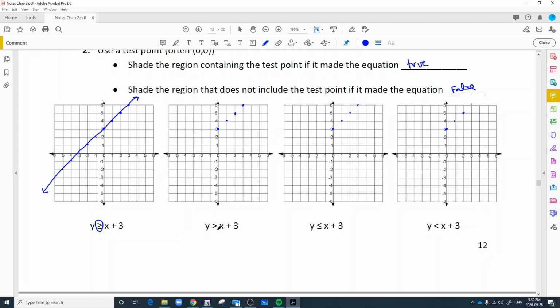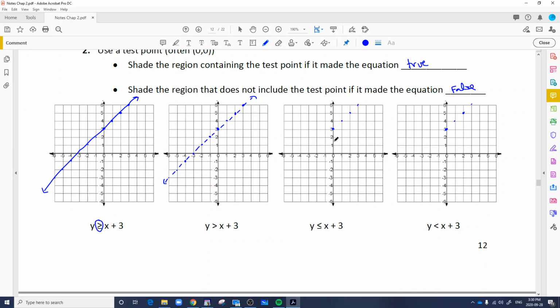If it is not equal to, then the points on the line will not make the equation true because they would make it equal, and there's no equal sign there. So what we would do is instead of a solid line, you would take your ruler again and just do a dashed line, showing that the points on this line will not make the equation true. So try the next two. Pause the video maybe, draw them in with your ruler, and then unpause when you're ready.